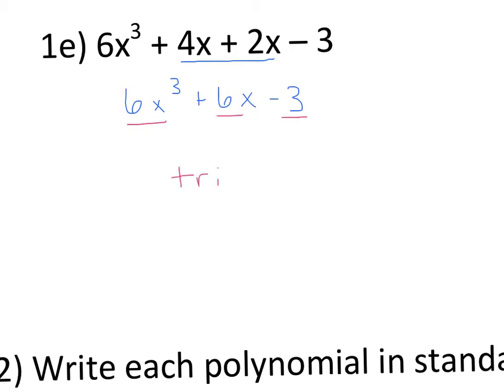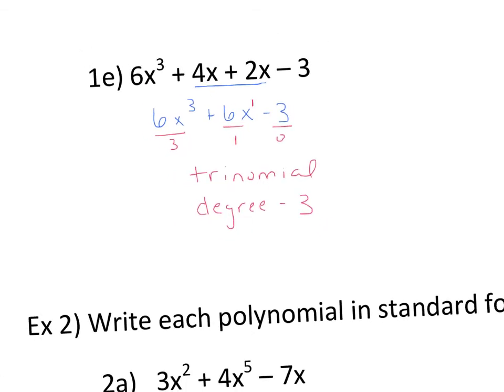That makes it a trinomial. 3 parts trinomial, 2 parts binomial, and 1 part would be a monomial. Again, I'm going to look at degrees, and I'm looking at each individual guy. So this guy right here has a degree of 3. I have a 1 right here, so this is a degree of 1. And there's no variable on the 3, so I have a degree of 0. So for my degree on this problem, I'll have a 3.